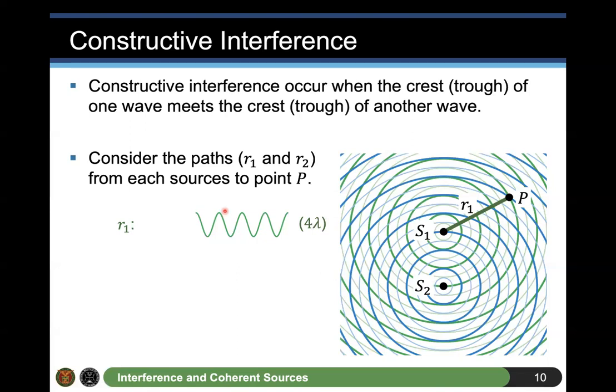So, from here to here, 1 lambda. Ganon din dito, 1 lambda. So, meron kang 1, 2, 3, 4 lambda. That's why yung R1 natin is 4 times the wavelength. Again, R1 is a distance. Wavelength is also a distance. So, by dimensional analysis, okay lang, pareha silang distance.